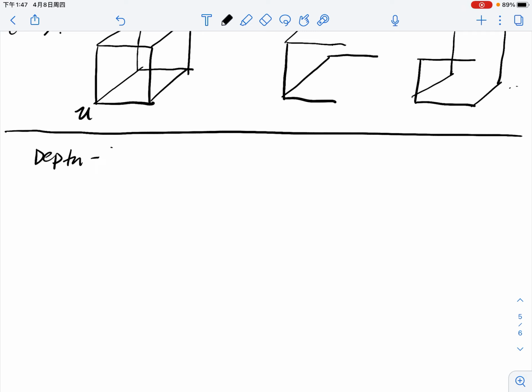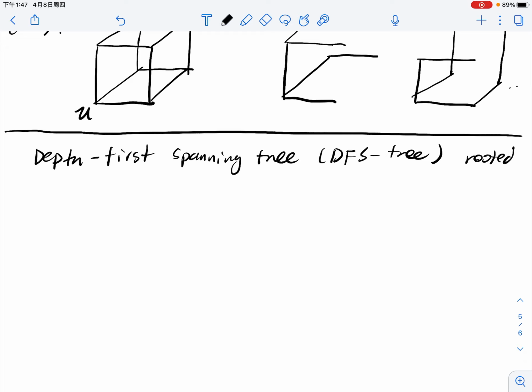Next, we just introduce a depth first spanning tree algorithm. So we still make the tree rooted at a vertex U.